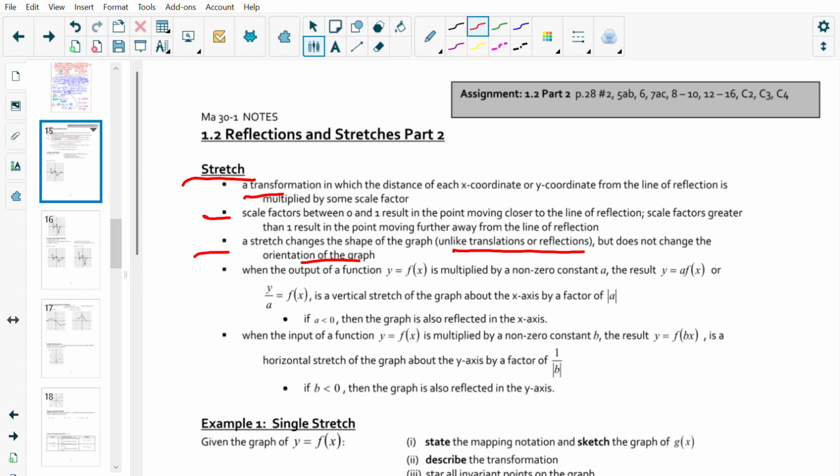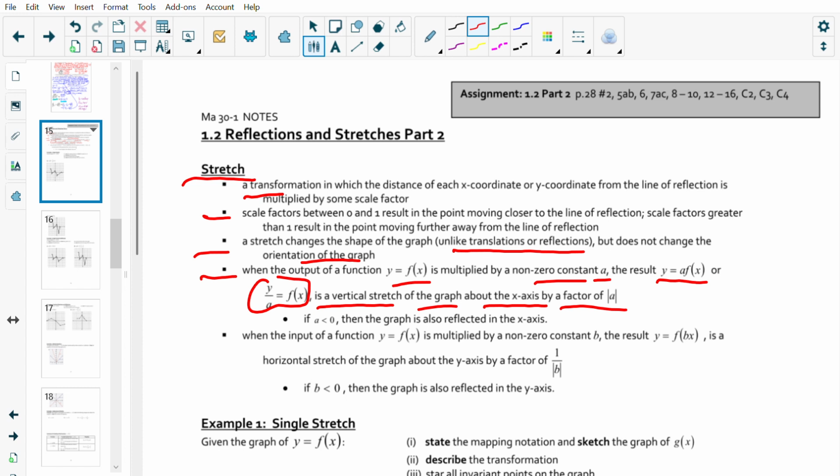When the output of a function y equals f of x is multiplied by a non-zero constant a, the result, y equals a f of x, or if you divide both sides by a, you can rewrite it this way, is a vertical stretch of the graph about the x-axis by a factor of the absolute value of a. Remember, the factor of the stretch, whether it's a vertical or horizontal stretch, is always the absolute value of that parameter.